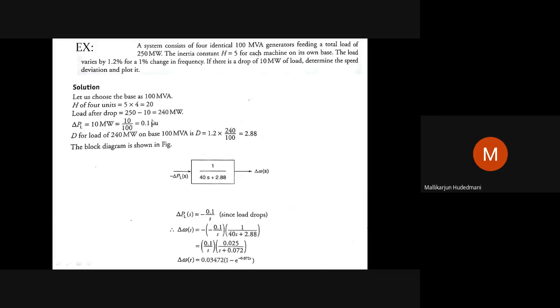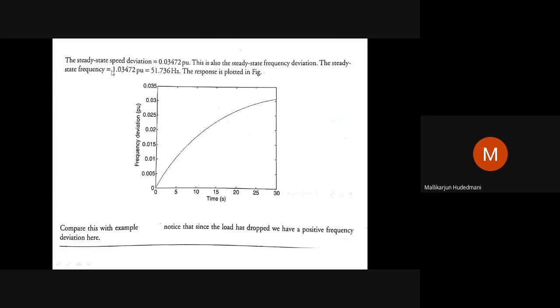It is because of load rejection, the load is dropped. When the load is dropped, frequency is superior. Then it is 1 plus 0.0347. Can you see here? 1 is added to this. So this is not mentioned in the solution directly. 1 plus 0.03472 becomes 1.0347, the superior steady state of frequency because of rejection of load.